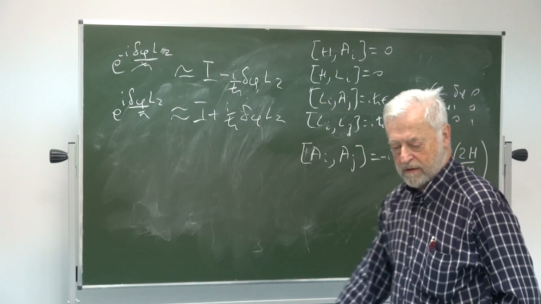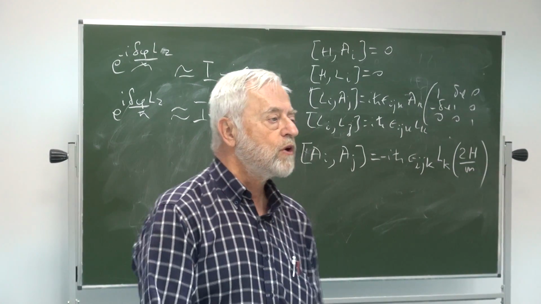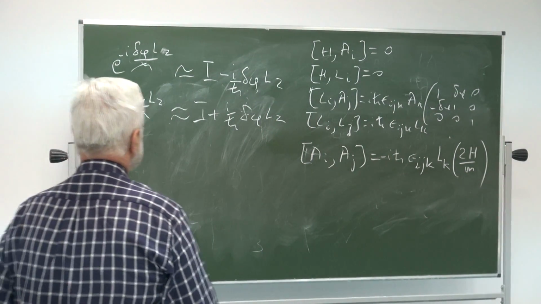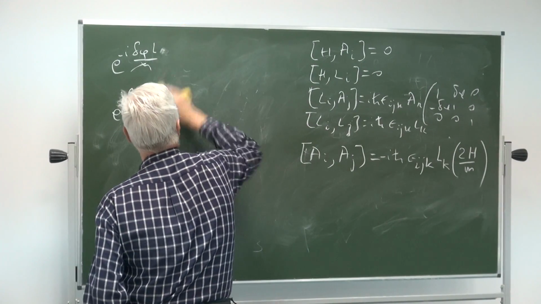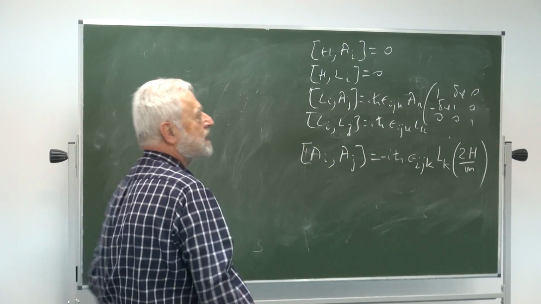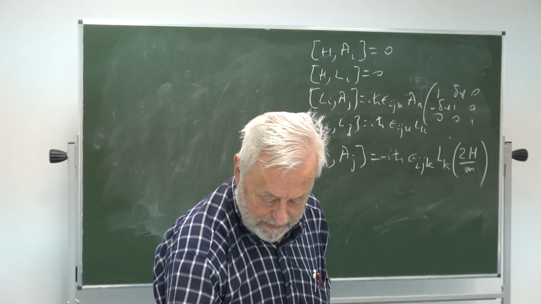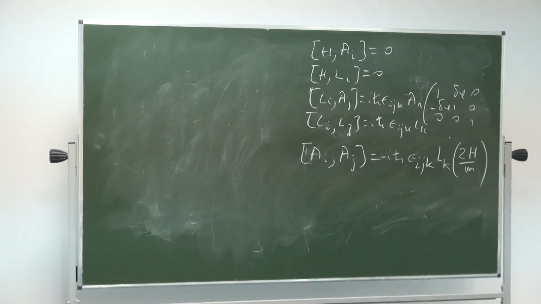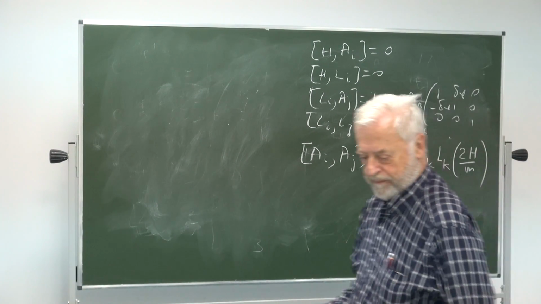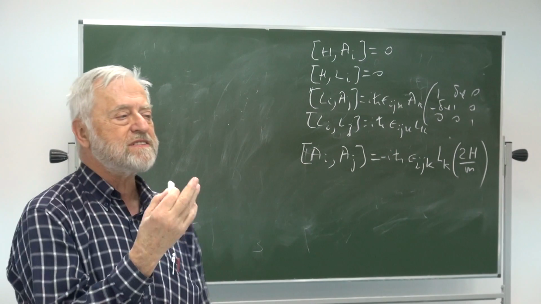So what did Fock, who was the first to use these tricks, propose? He had an excellent idea. He said, let us not try to do our work in full generality, but let us look at the property of bound states.